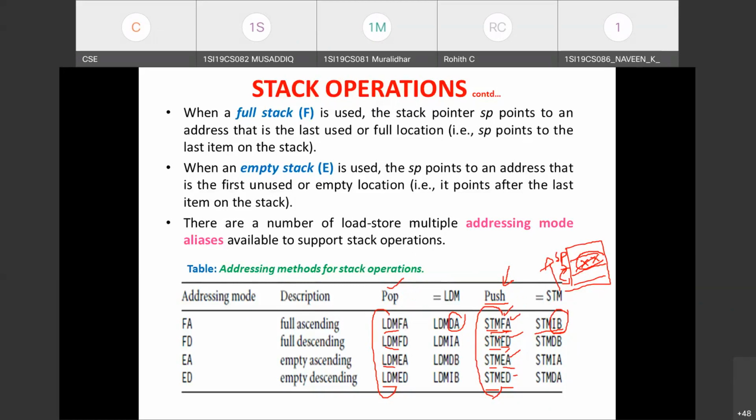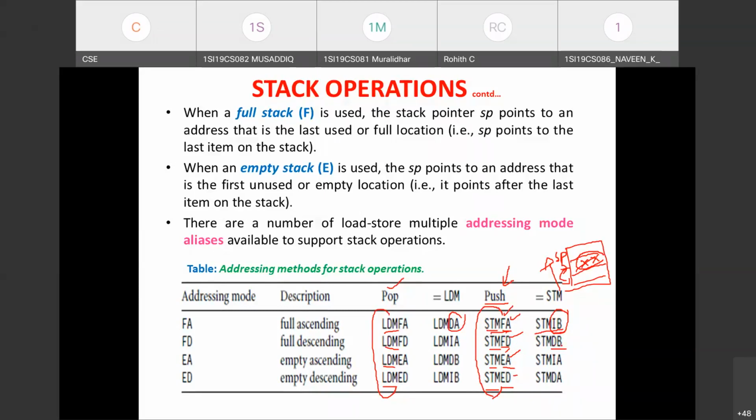Similarly, if you just consider STM-FD, it is full descending. So how are we performing the push operation here? It is a full stack we are taking, and it is a descending stack. That means the stack grows in the order of decreasing memory address. So to perform the push operation, first I need to decrement the stack pointer by 4 and then I need to insert the data. So what is the equivalent addressing mode for STM-FD?